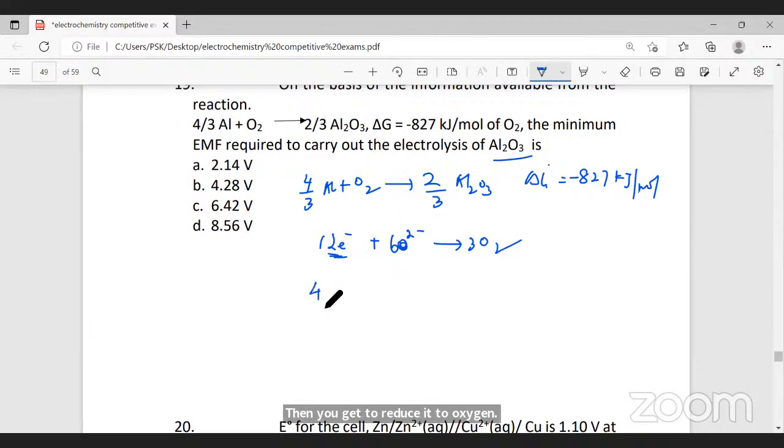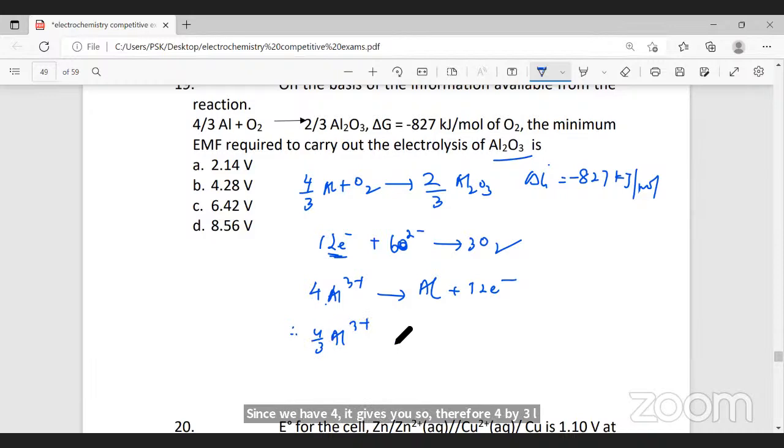Likewise, 4 Al3 plus gains 12 electrons to give Al. Each aluminum takes 3 electrons; since we have 4, it takes 12 electrons. So, 4/3 Al3 plus ions gives you 4/3 Al with 4 electrons.